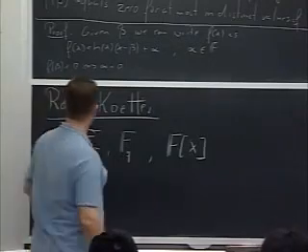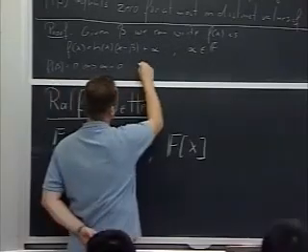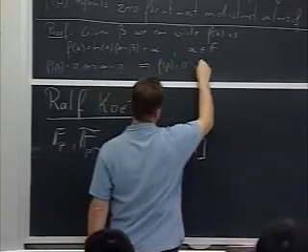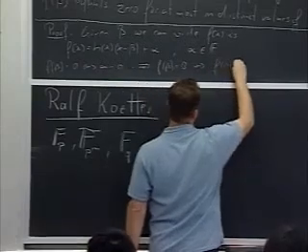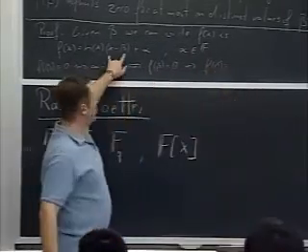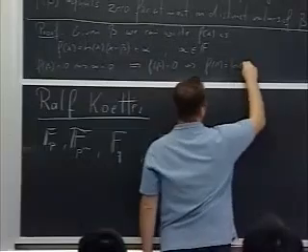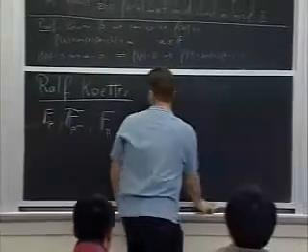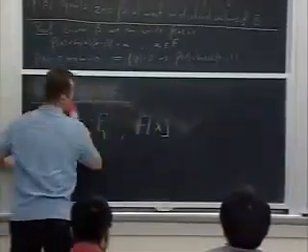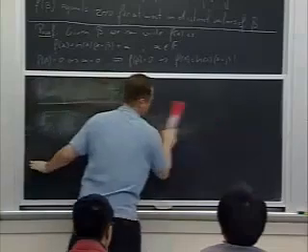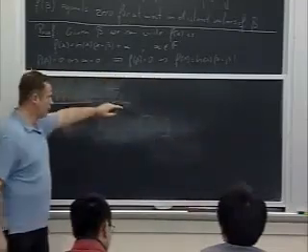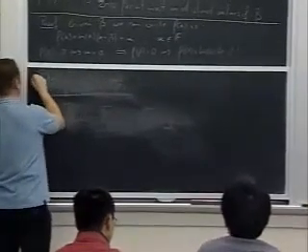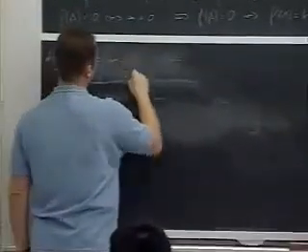So if beta is a root of the polynomial, it follows that f of x has x minus beta as a factor, times h of x, where, because of the degree properties of polynomials, h of x has degree m minus 1.